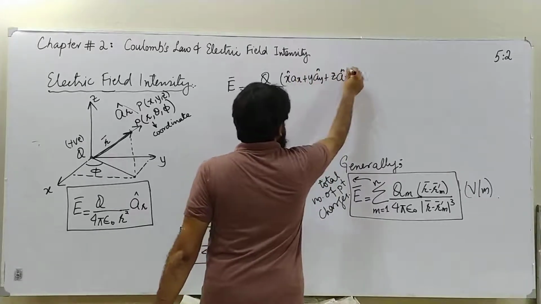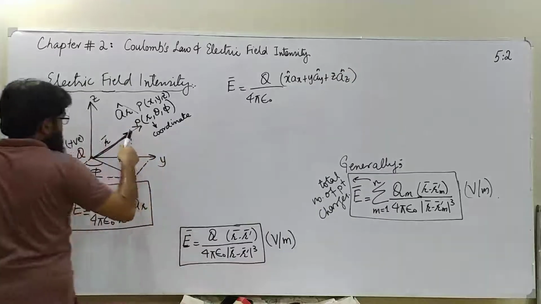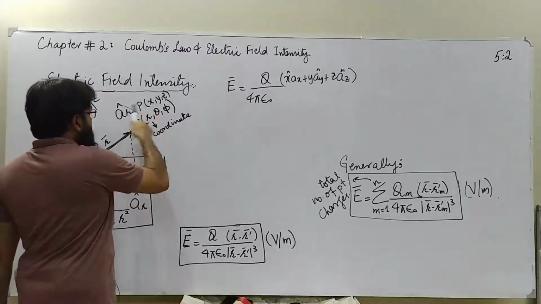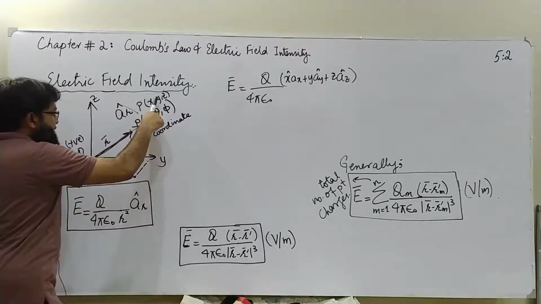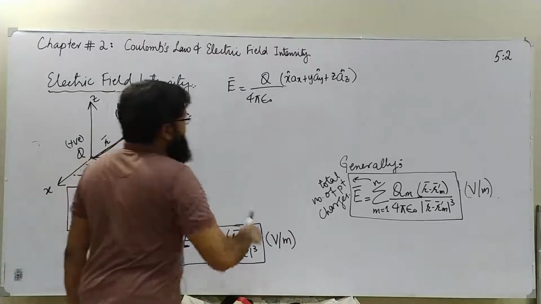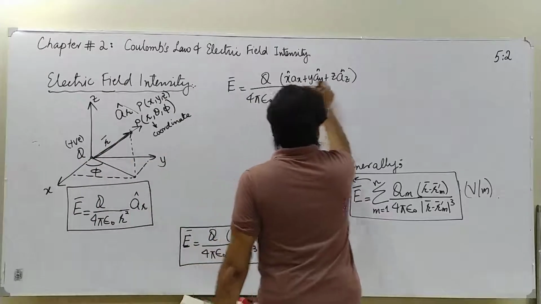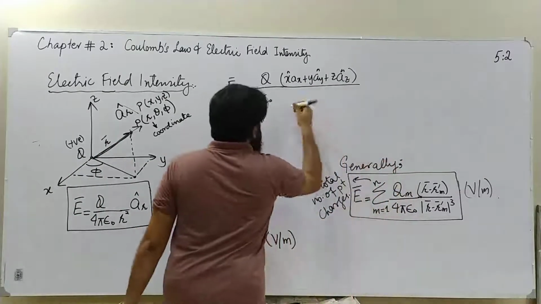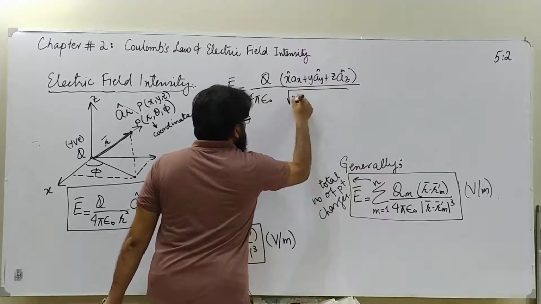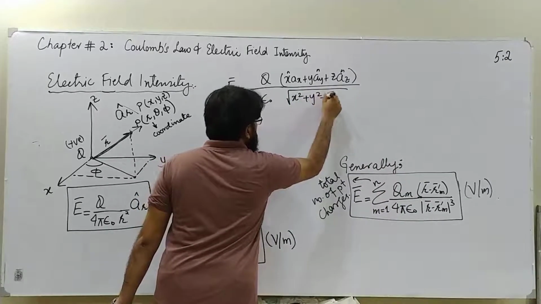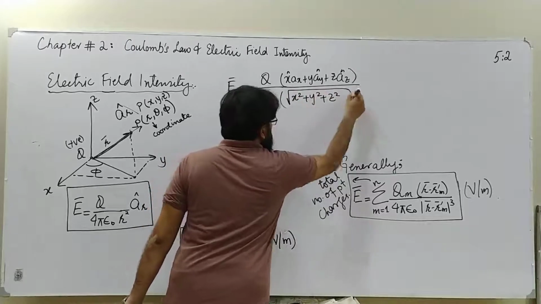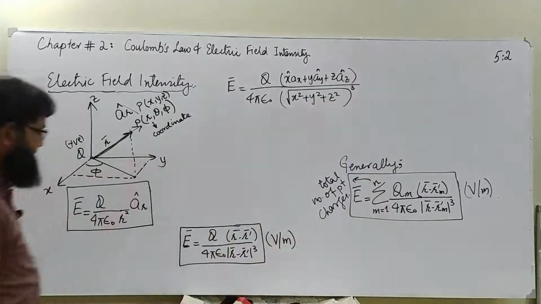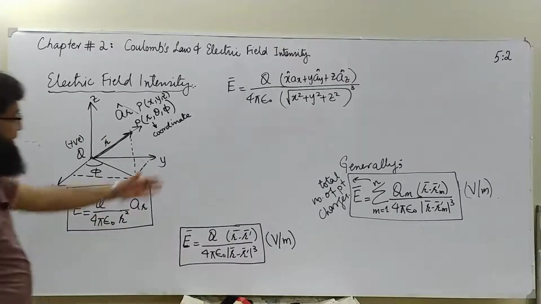Since we have the coordinates of the head x, y, z and of the tail 0, 0, 0, we get x minus 0 ax plus y minus 0 ay plus z minus 0 az, divided by its magnitude cubed. Its magnitude is given by the square root of x square plus y square plus z square, cubed.